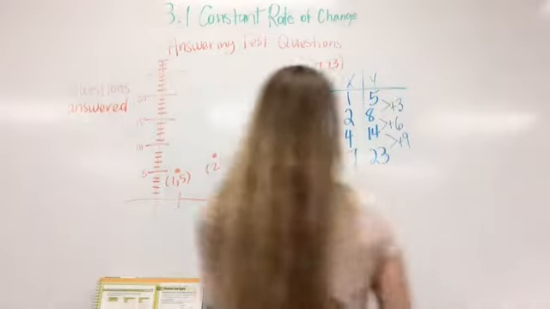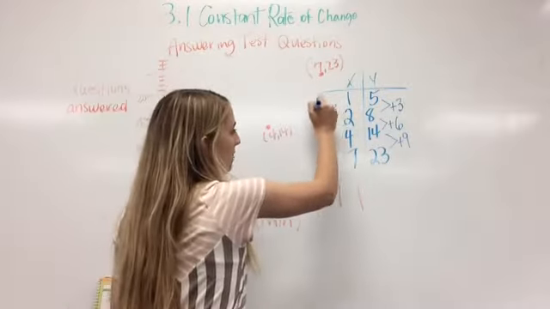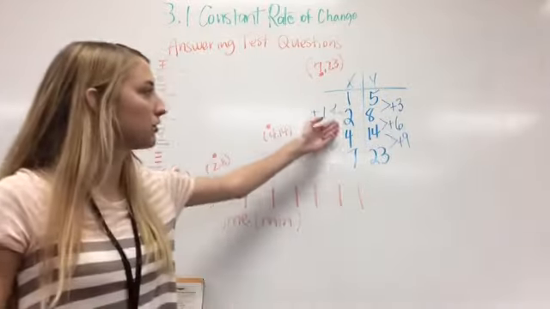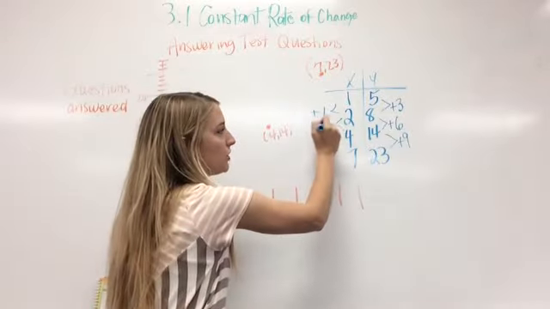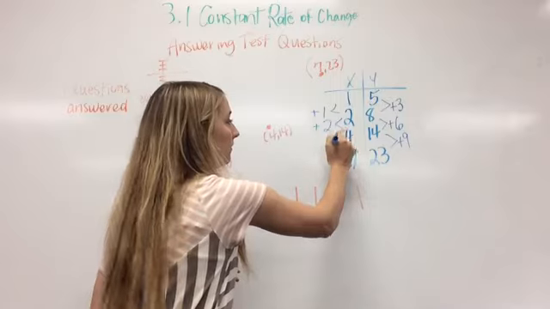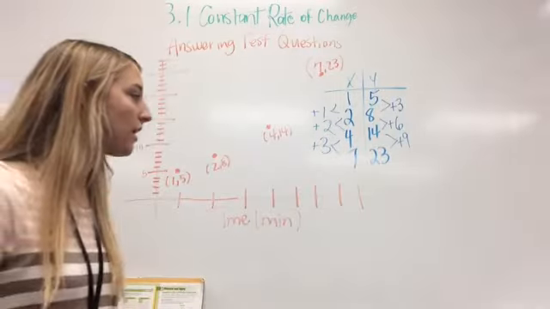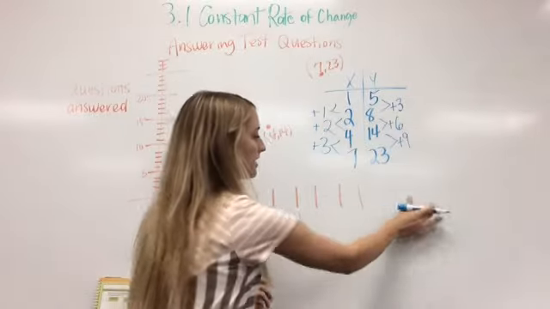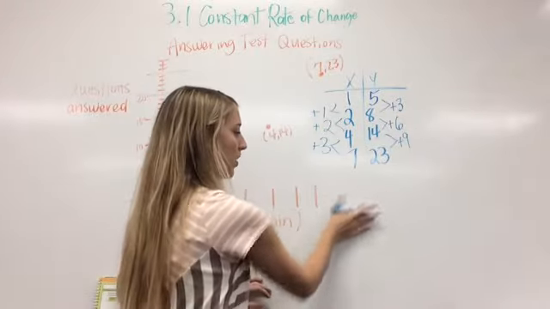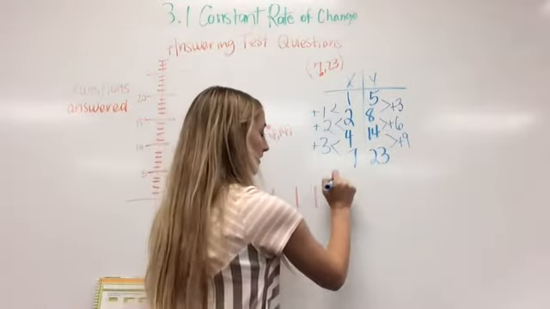Okay, so now let's look at my x's. How did I get from 1 to 2? I add 1. How did I get from 2 to 4? I add 2. How did I get from 4 to 7? I added 3. Okay? So now let's look at our change in y over our change in x.